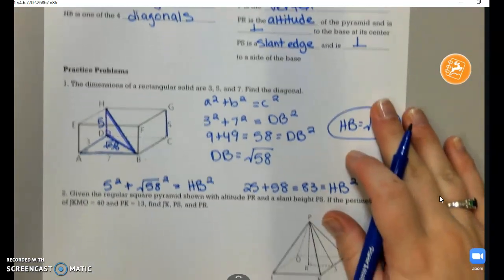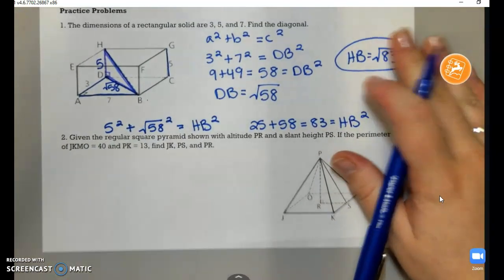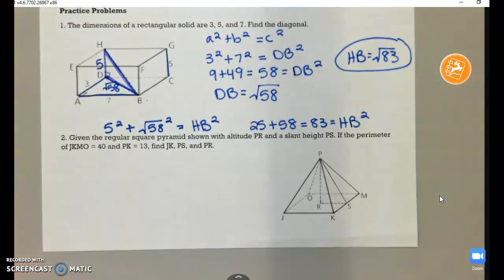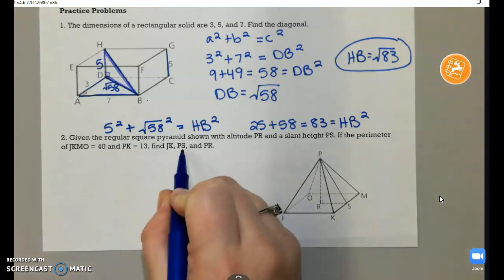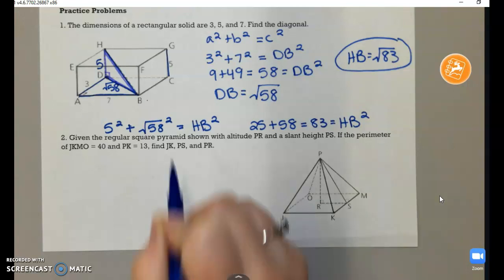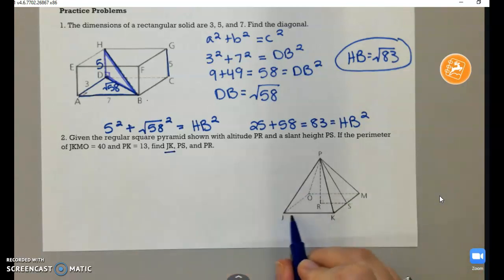Okay. Moving on to our second example with our pyramid. We're told this is a regular square pyramid with altitude PR and slant height PS. We're told the perimeter of JKMO is 40, PK is 13, and we want to find JK, PS, and PR. So let's find JK first.